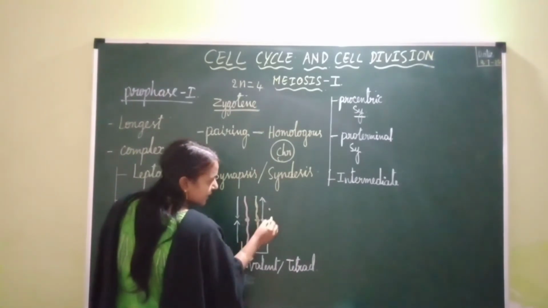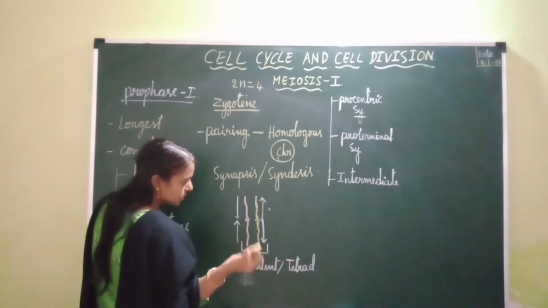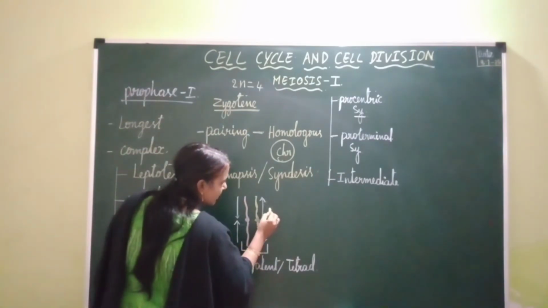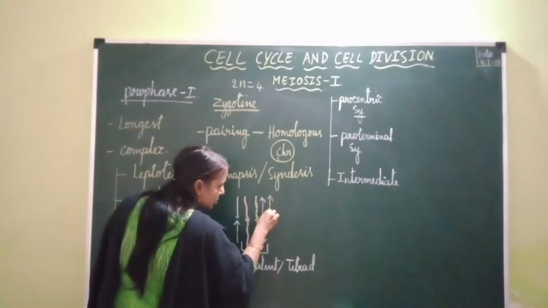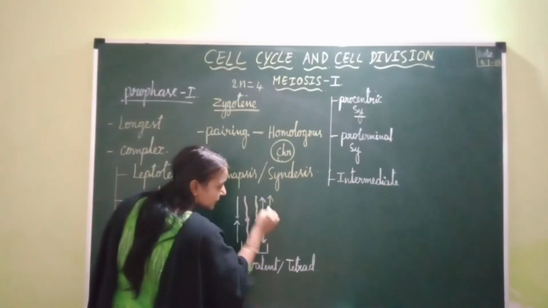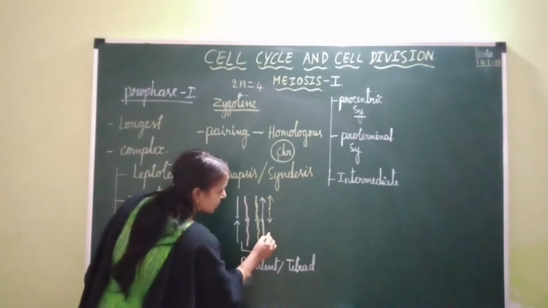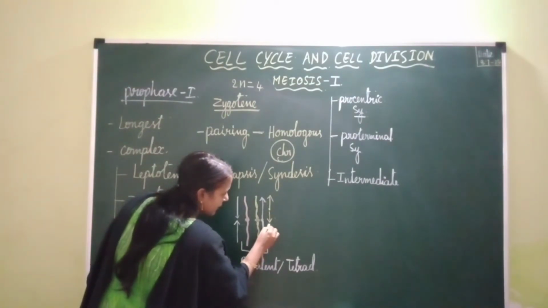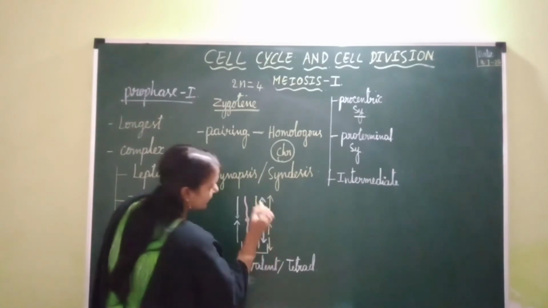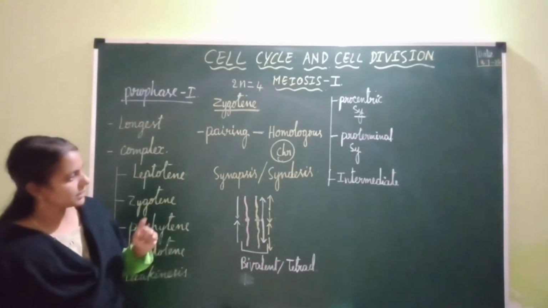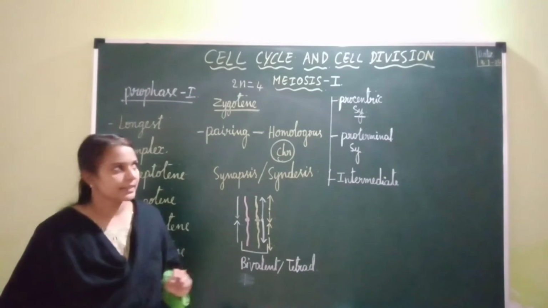The pairing starts from the midpoint and extends towards the end and even towards the centromere. This type of synapsis is called intermediate synapsis.